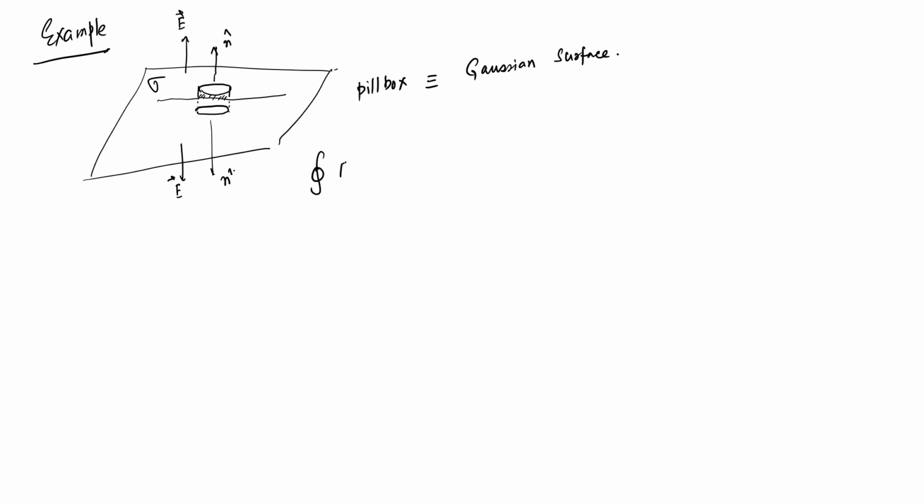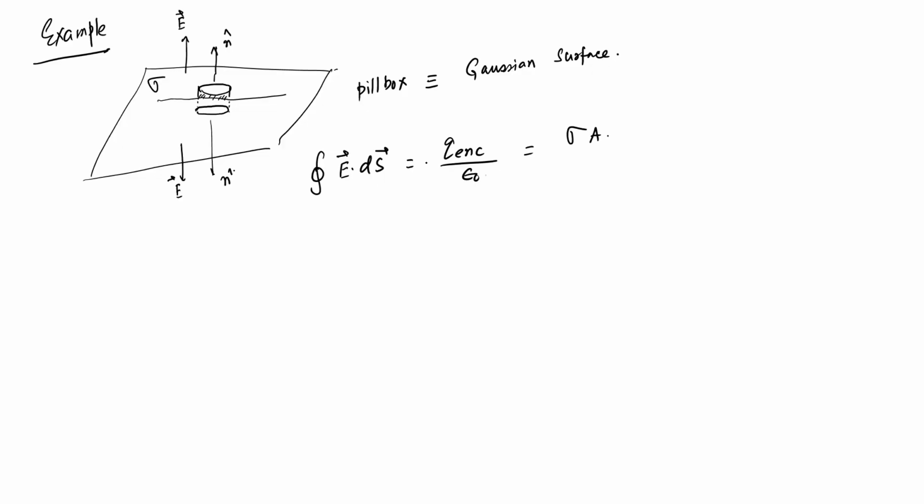So, E dot ds is equal to q enclosed over epsilon 0, which is sigma into A, where A is just the area of the top of the pillbox. Indeed, the pillbox is cylindrical in shape, so it also has a curved surface.